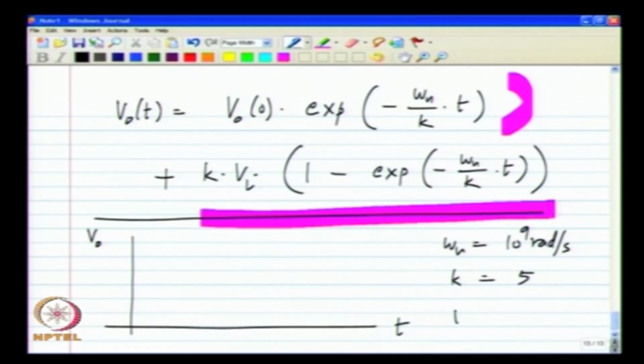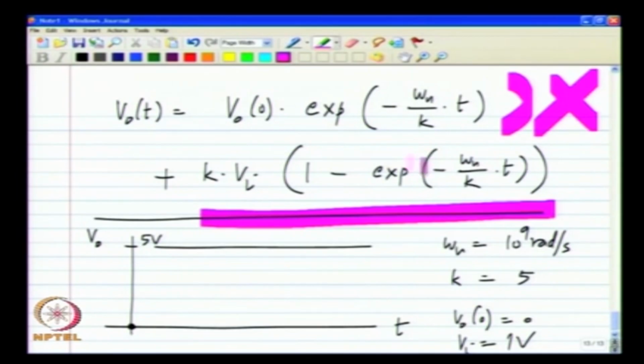First, let me take the initial condition to be 0. In this case, the first part of the solution is not there, and we have only the second part, and we also have to specify the value of Vi. Let me say that Vi is 1 volt. So, k times Vi will be 5 volts.